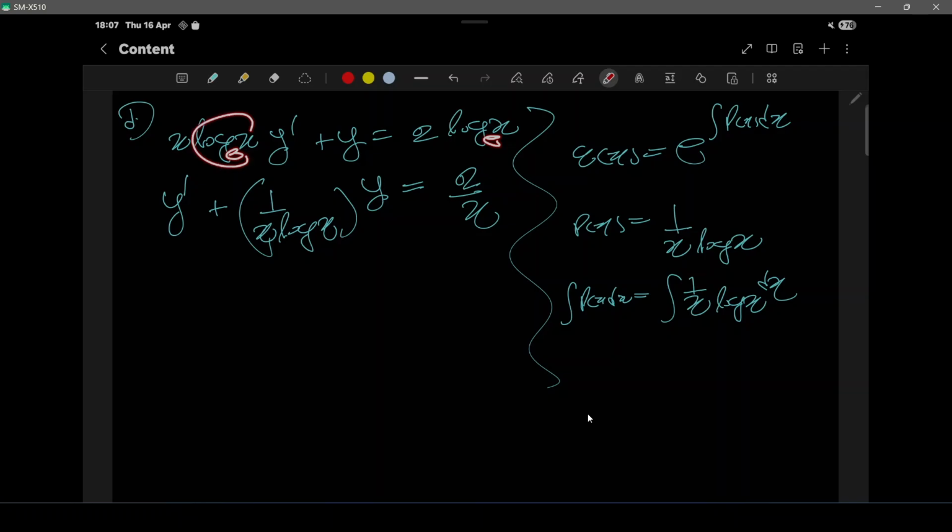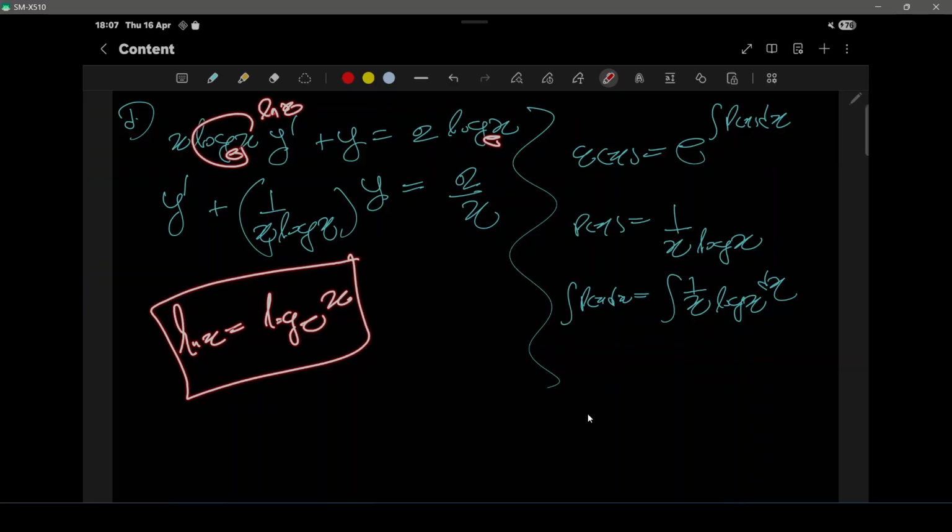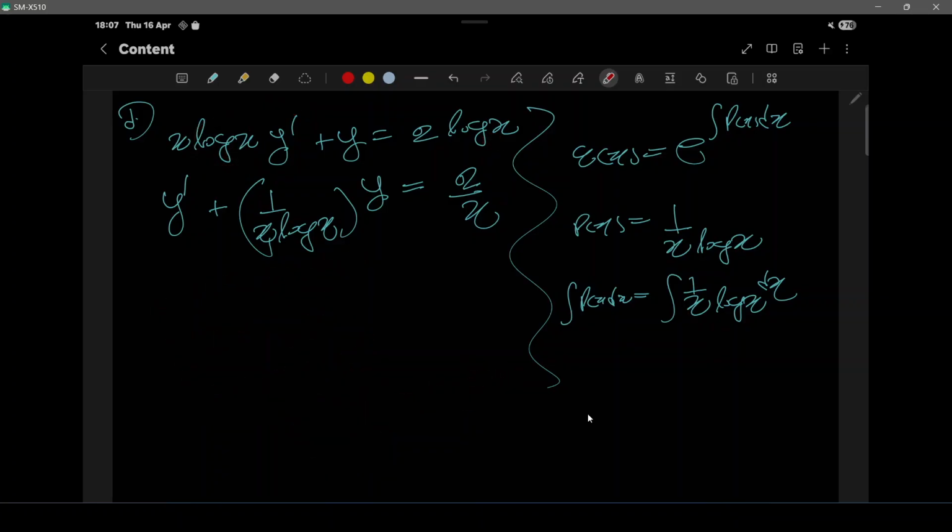This is just ln x, because ln x is log base e of x. If they do not tell you explicitly, log x with no base means the natural log, so normally it is log base e of x.